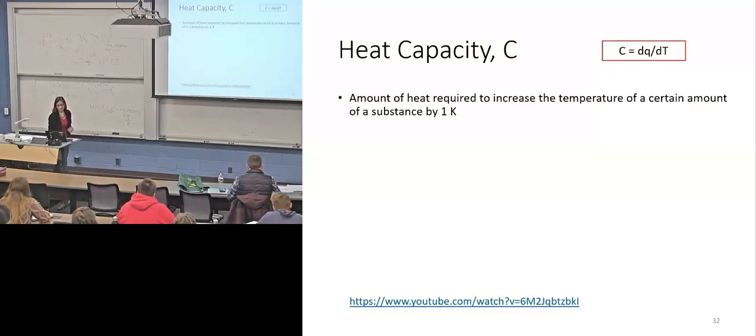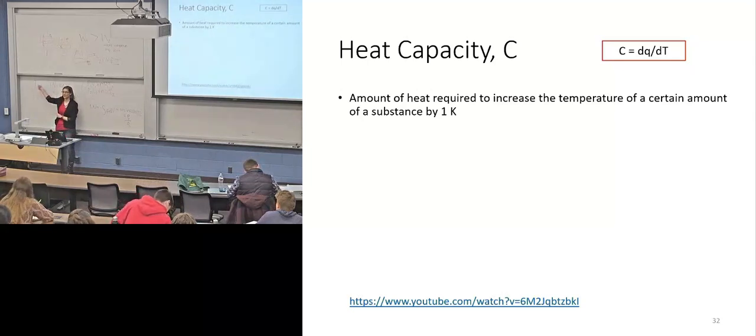So there's the definition again. Is this an extensive or intensive property? Is heat capacity extensive or intensive? Is joules extensive or intensive?